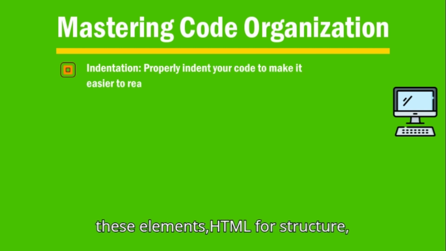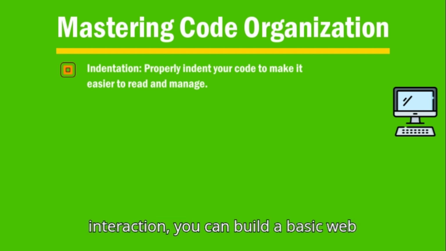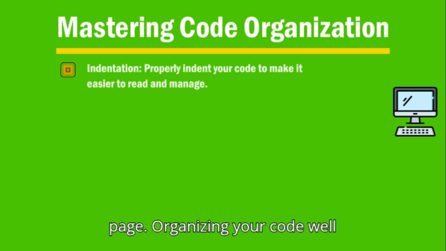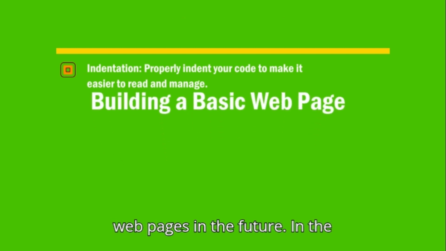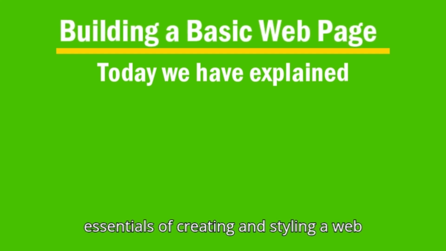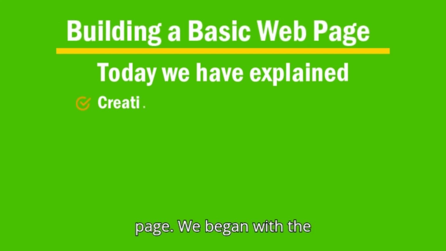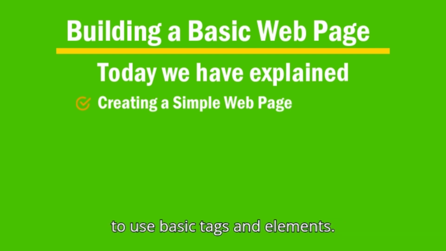By combining these elements, HTML for structure, CSS for style, and JavaScript for interaction, you can build a basic web page. Organizing your code well will help you as you create more complex web pages in the future. In this video, we have covered the essentials of creating and styling a web page. We began with the fundamental HTML structure, learning how to use basic tags and elements.